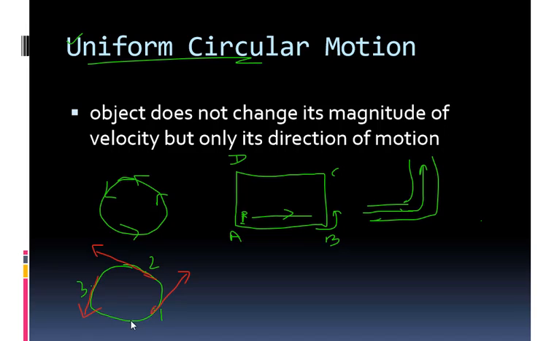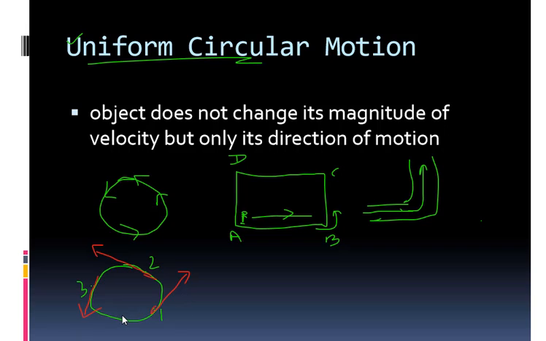Here in the first case the body is going in the upward direction. From here to here the body is moving in the upward direction. From here to here the body is moving in the west direction. Here to here the body is moving in the south direction. So this one is the northeast direction, this is the northwest direction, this is the south direction.